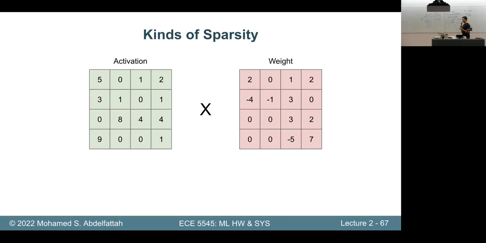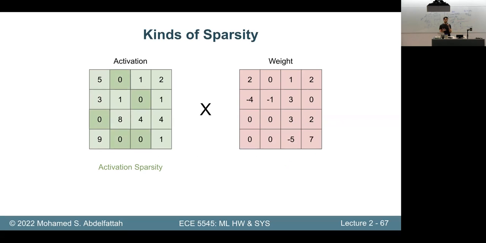I mean, we're talking about generally dot products, but for example, matrix multiplications. And so what are the kinds of sparsity that we can get? So we can have activation sparsity, which means my activation has zeros. And because we are doing a multiply accumulate operation, any multiplication by zero will result in a zero. So it's always ineffectual.